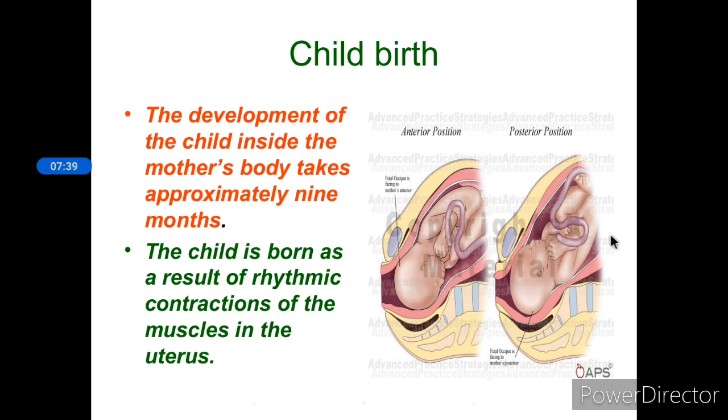So till now we discussed what happens when an egg is fertilized. Now we need to know, if fertilization doesn't happen, what happens to that egg, and what are the different things happening inside the female reproductive system.